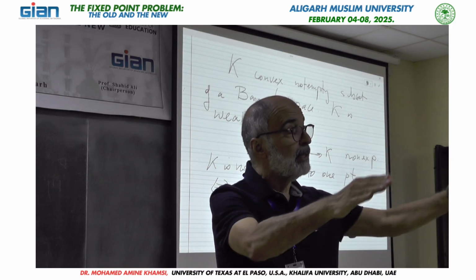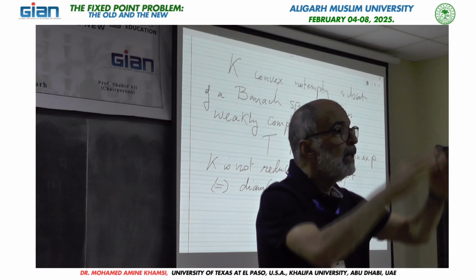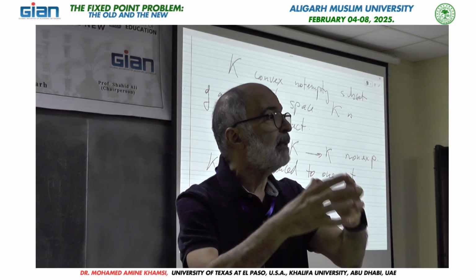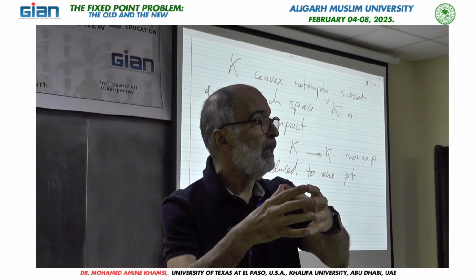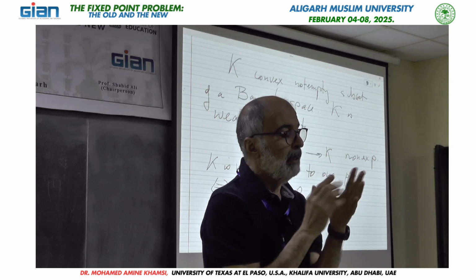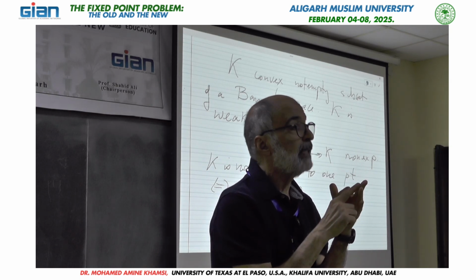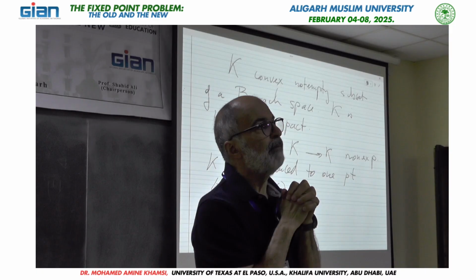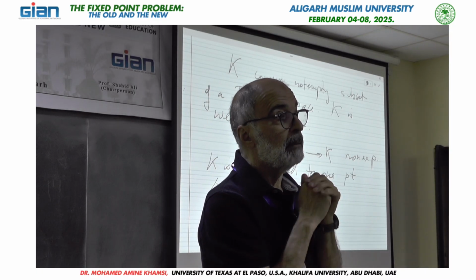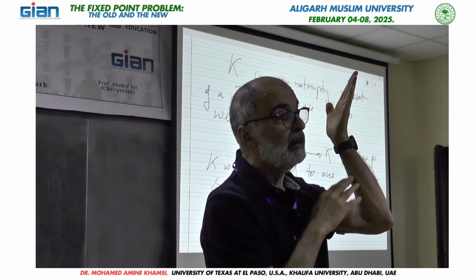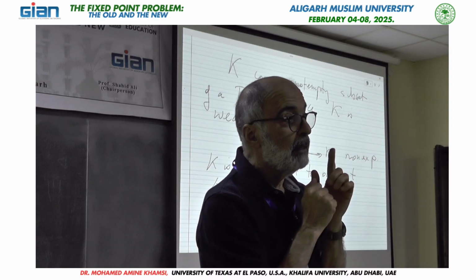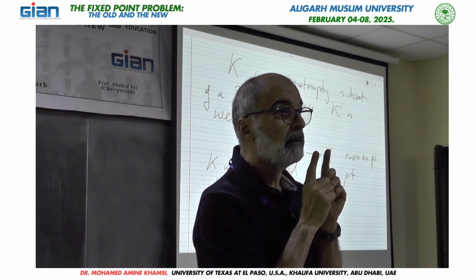One is what is known as the fixed point property, meaning that you have a Banach space for which any bounded, closed, convex subset has the fixed point property for non-expansive mappings. Pay attention. I did not say that the space is, nor that K is, weakly compact. I did not.